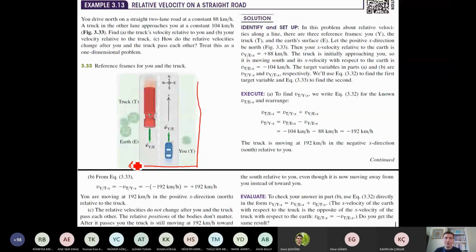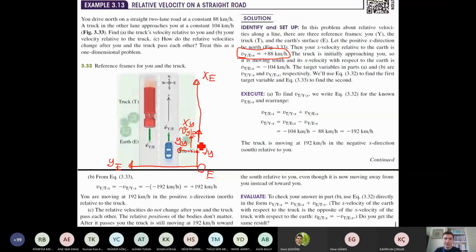This is the Earth frame, and this is your frame, the origin of you. So here there is a velocity of you relative to Earth. You are moving in this direction, with this velocity of you relative to Earth along the x direction.